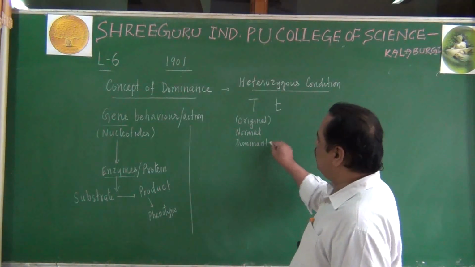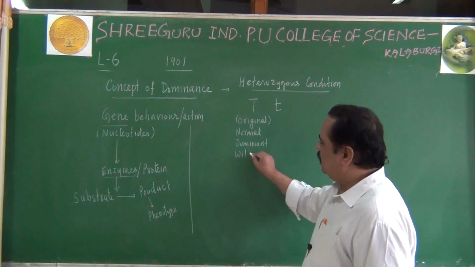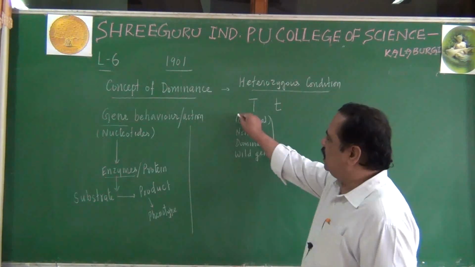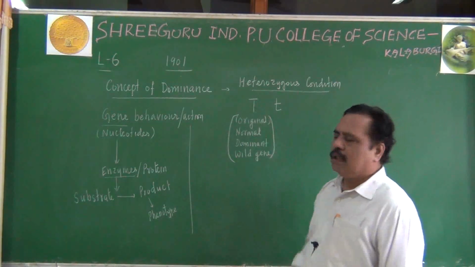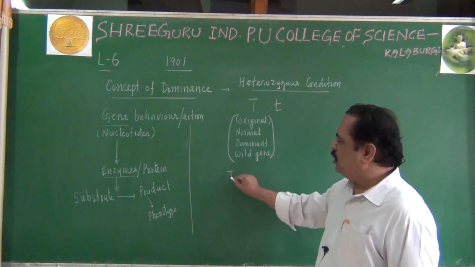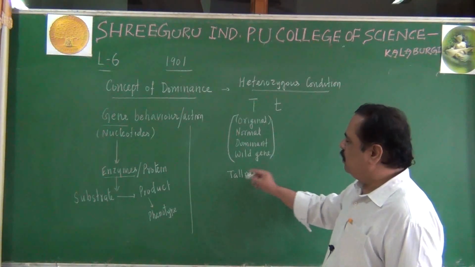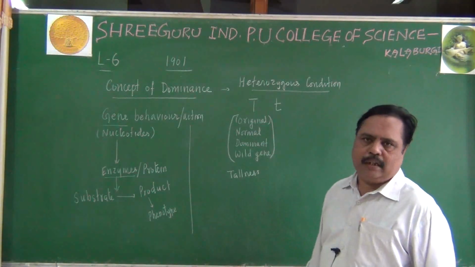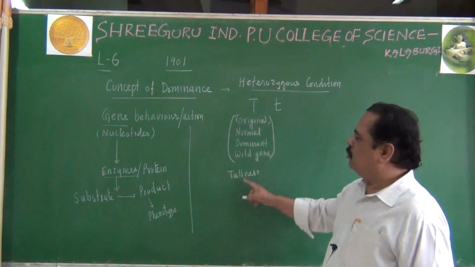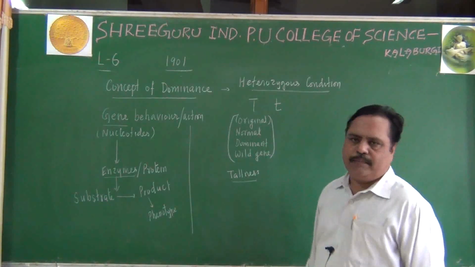This dominant normal or original gene can also be called a wild gene. These are the adjectives we give for capital T. That means it is giving us tallness. What is the product we are getting from this gene? It is helping for tallness of the plant. The plant has to grow above 1 meter tall means you need capital T there. So that is the product we are getting from this gene.